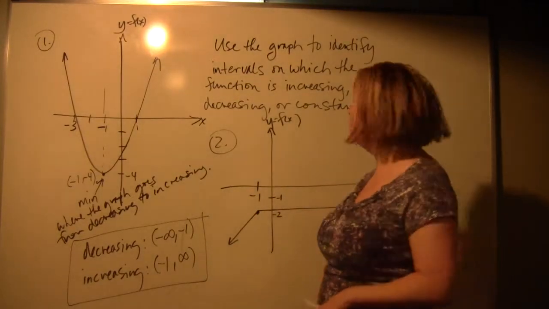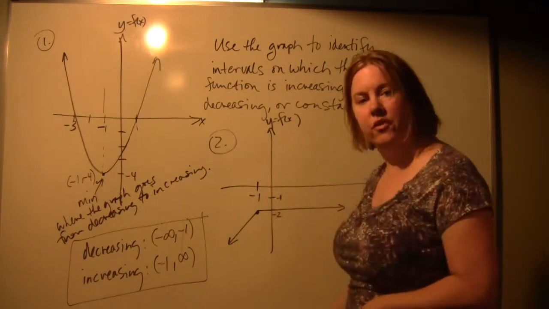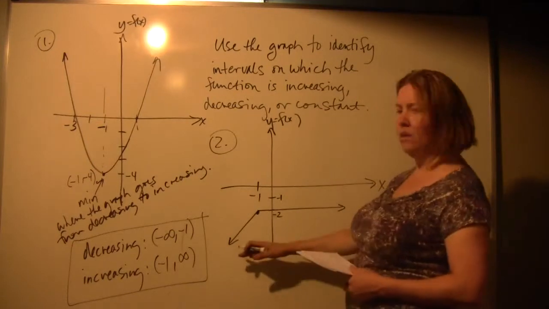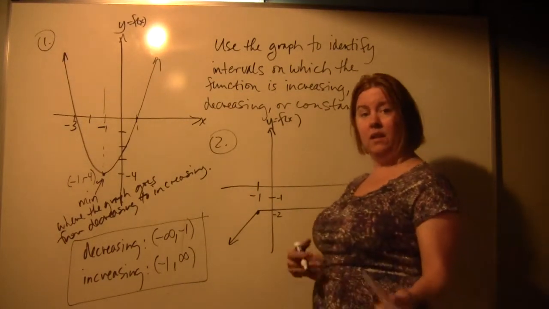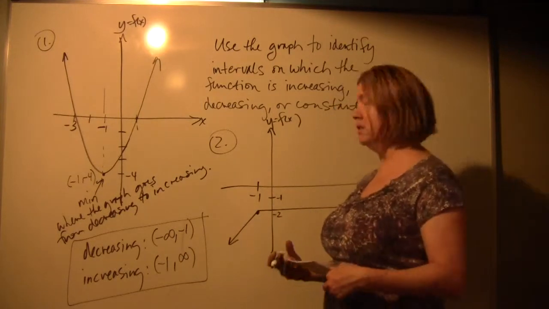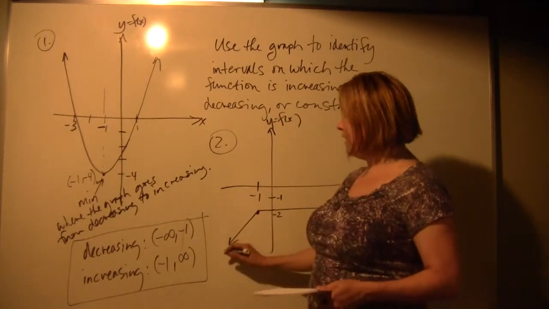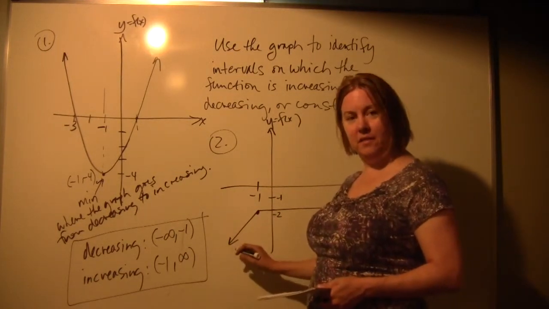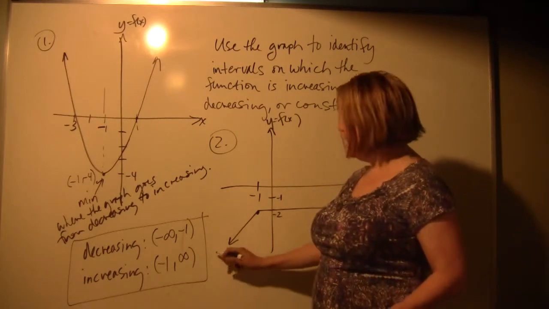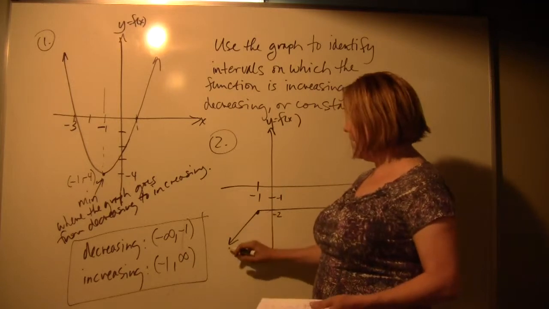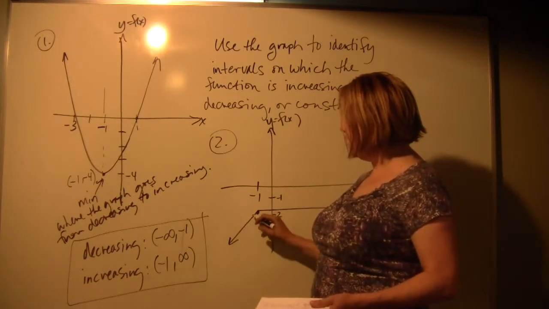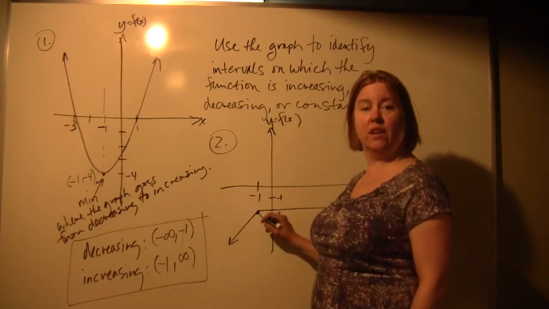So that one's done. Now this one's a little different of a graph. Very little information given, but we can still give the intervals where it's decreasing, increasing, or constant. So even though this is going down, if you follow this graph, the y values, or f of x values, are increasing right there, right?